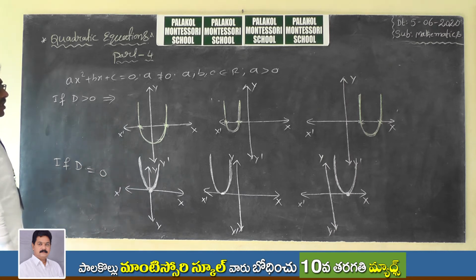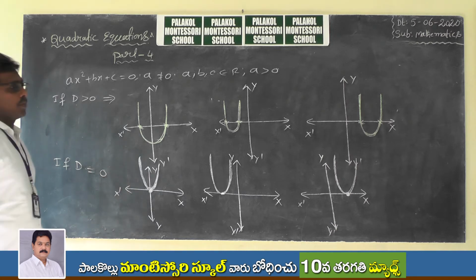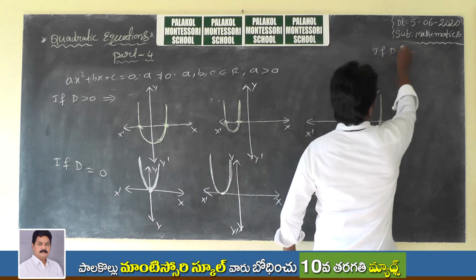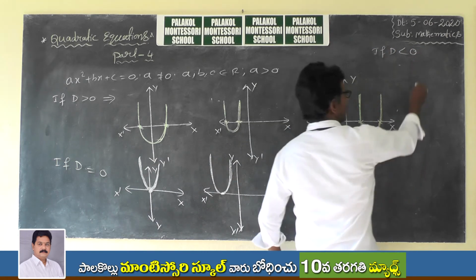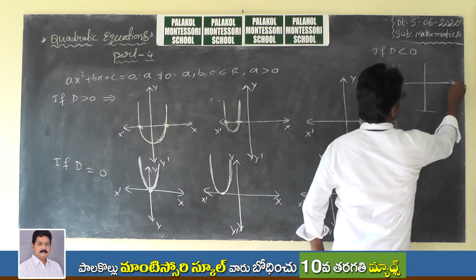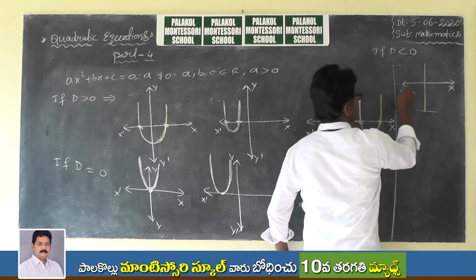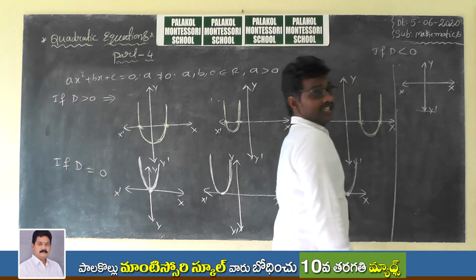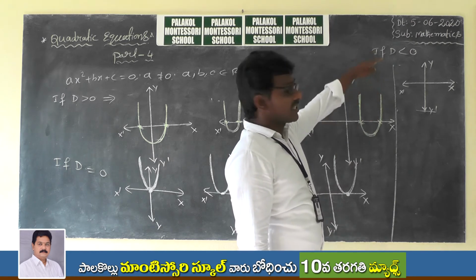Last and final, suppose D is less than 0. That has three types of graphs. See, this is x dash, y dash. Now you draw the graph in this situation.